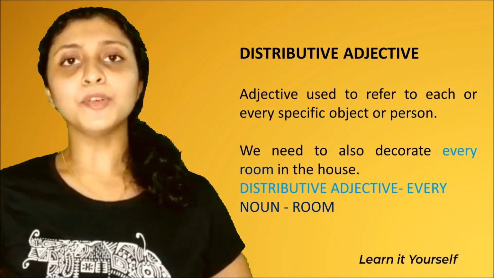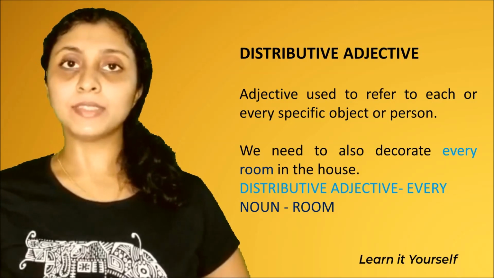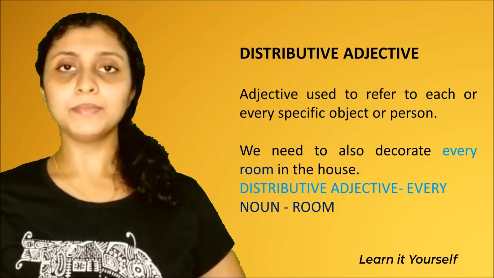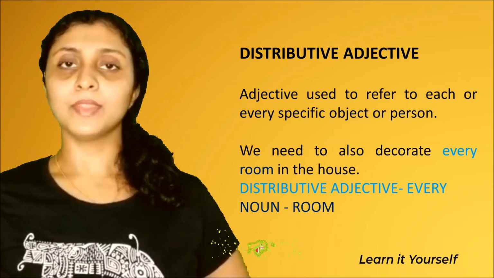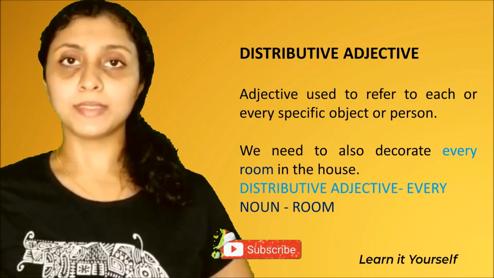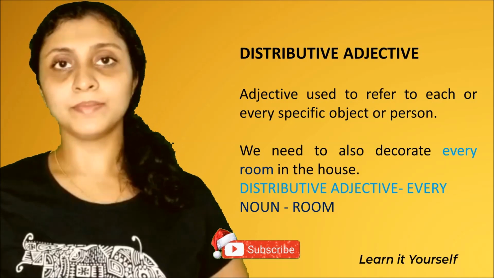You have a group of people standing in front of you and you want to address each person separately. What are the words that you may use? You may say each person or every person. It depends upon the context.